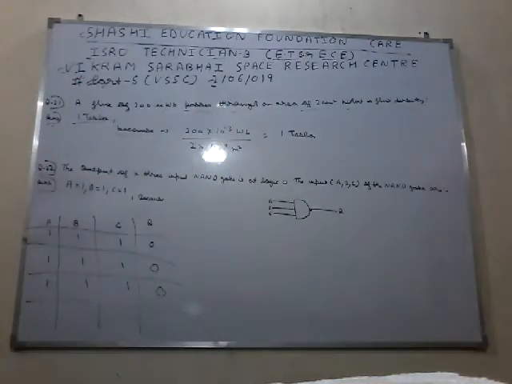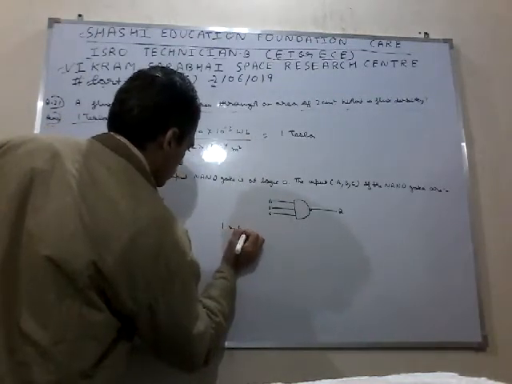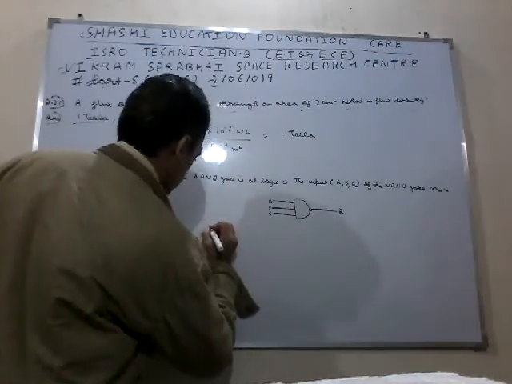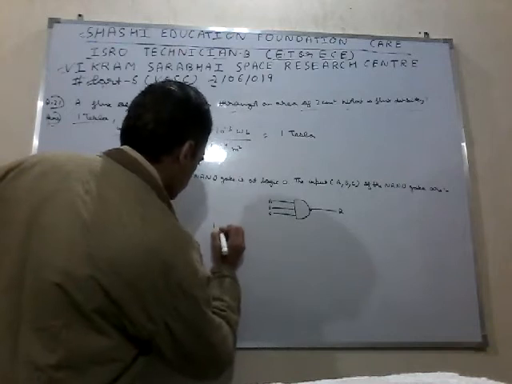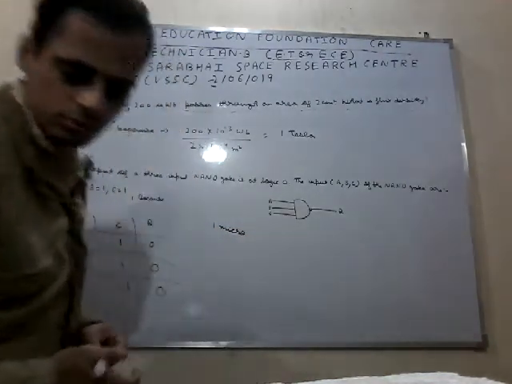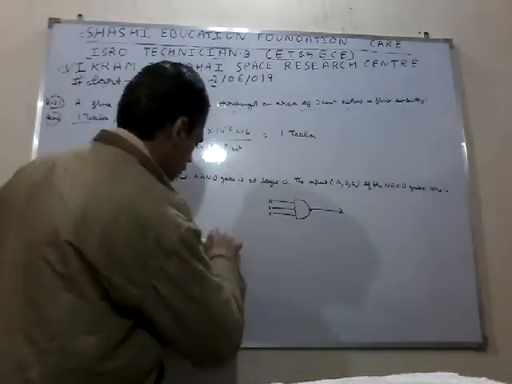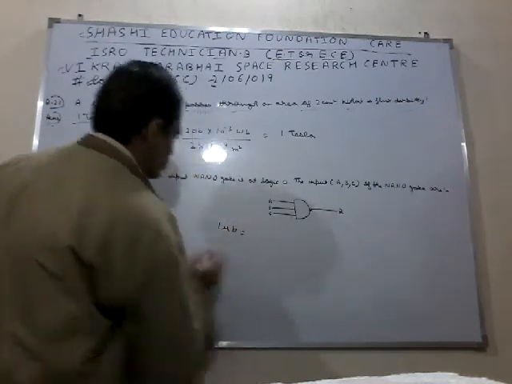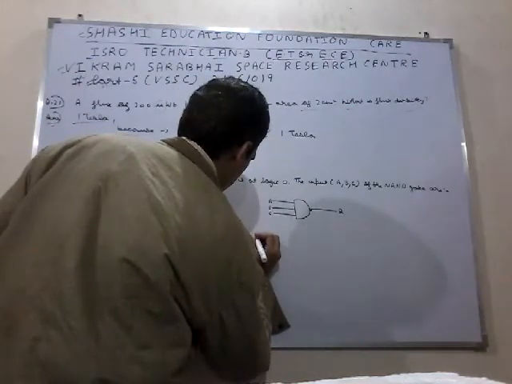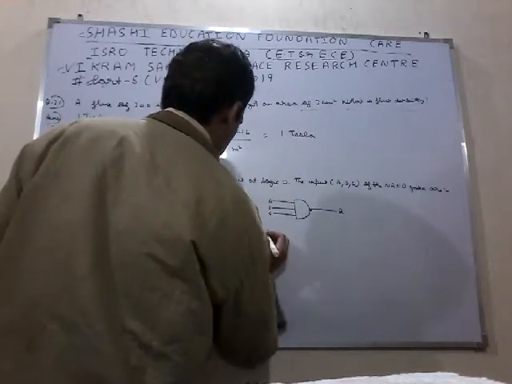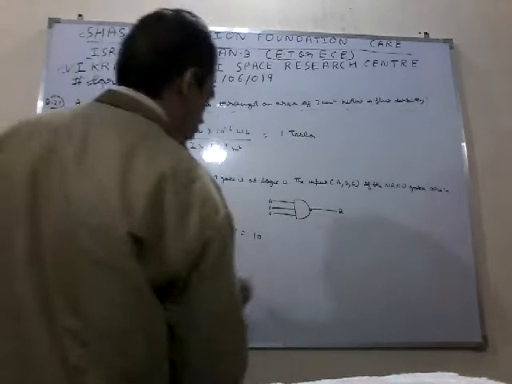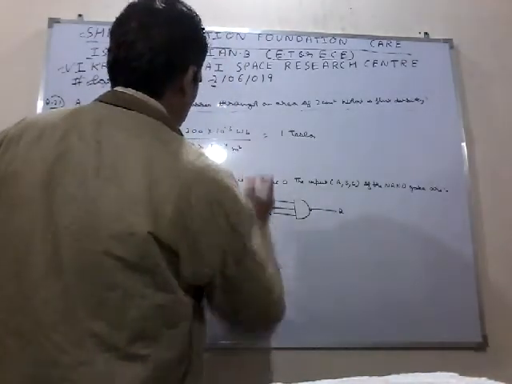There are 200 microweber, so we have to convert it. We write it like this: this stands for micro. So 1 microweber is equal to 10 to the power minus 6... 1 microweber equals 10 to the power minus 3 means 200 microweber is 200 into 10 to the minus 3.